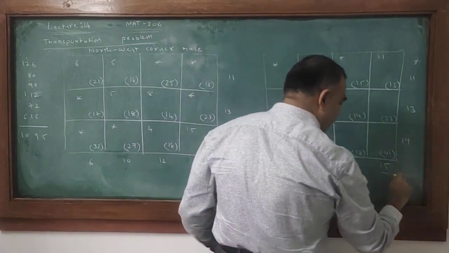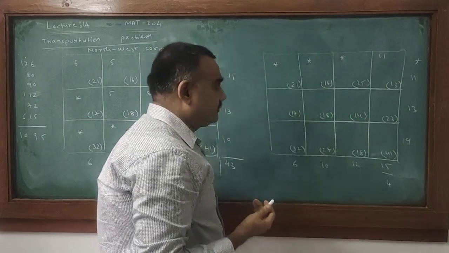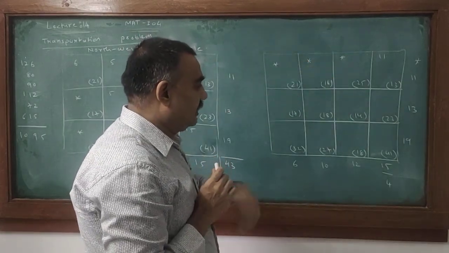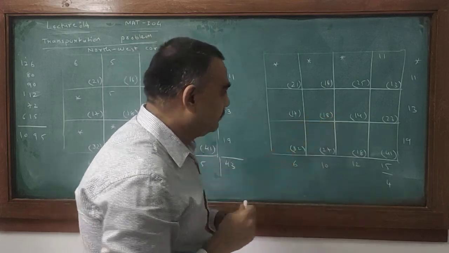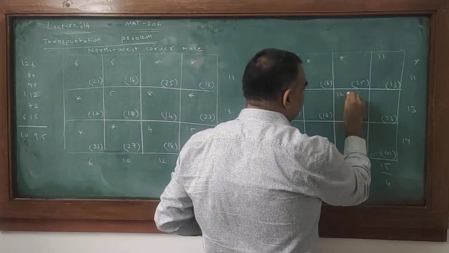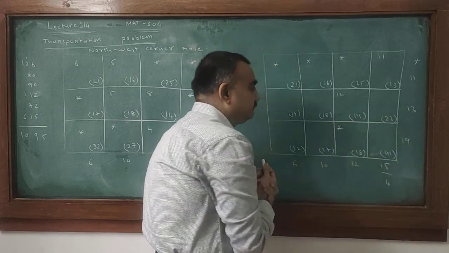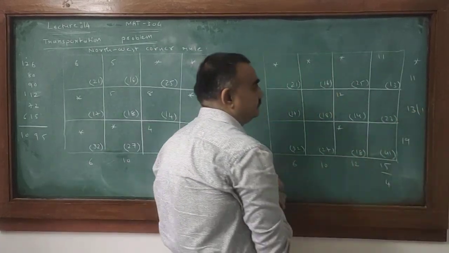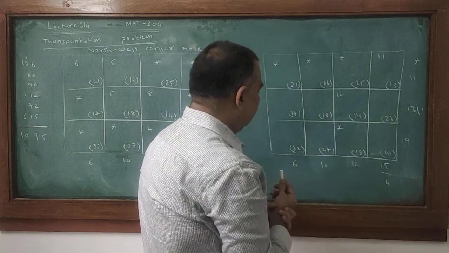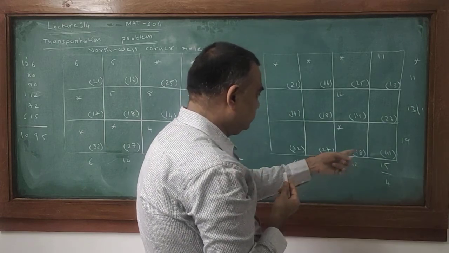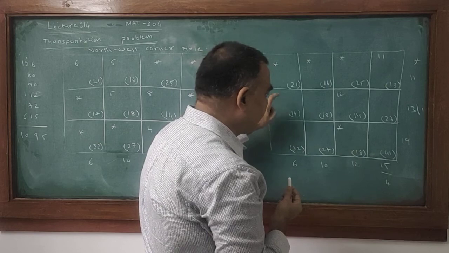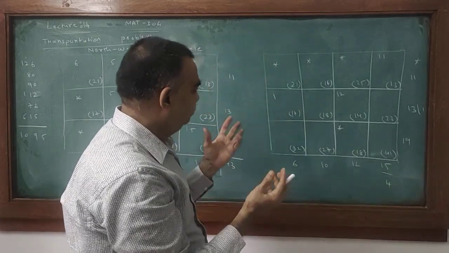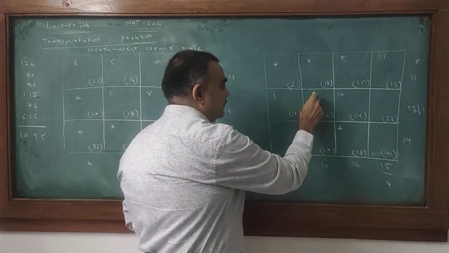Now 4 remain, because the supply of 11 was already done. Now the minimum one is 14, and there is a possibility of 12, and therefore this is done. And now one is remaining. Now the minimum among the remaining is 17. So this is done.